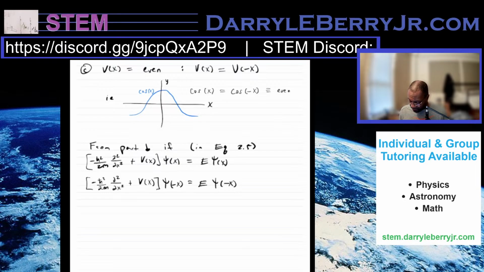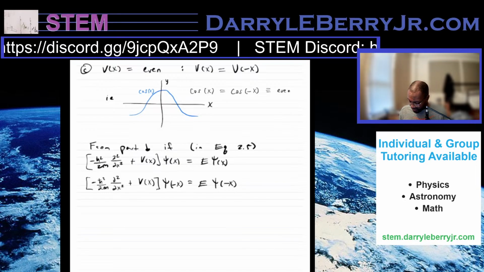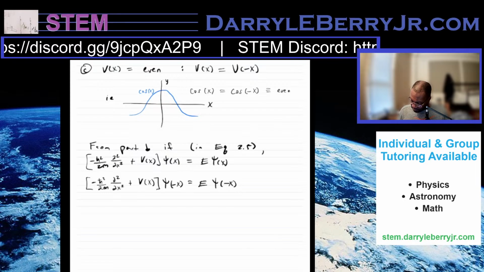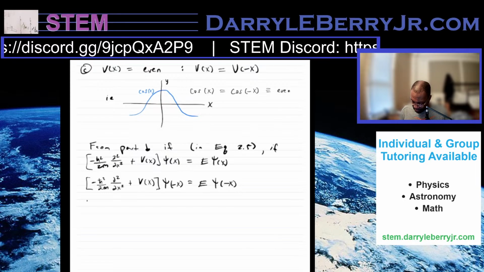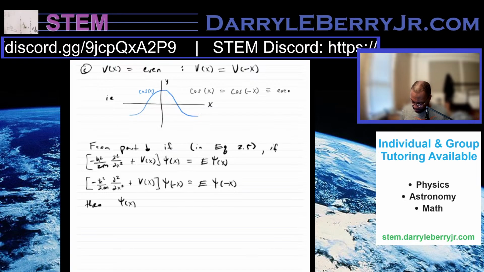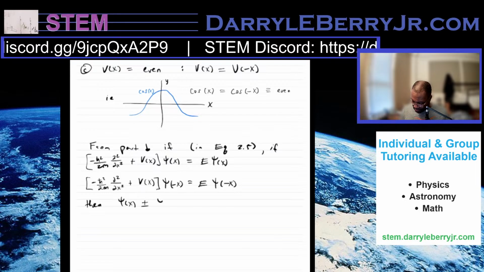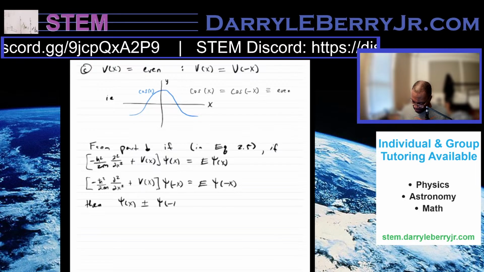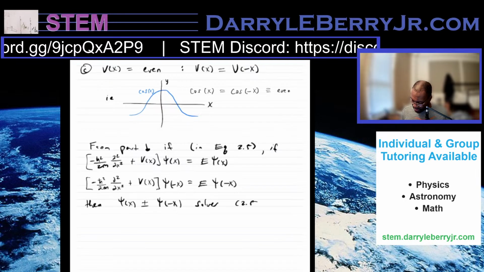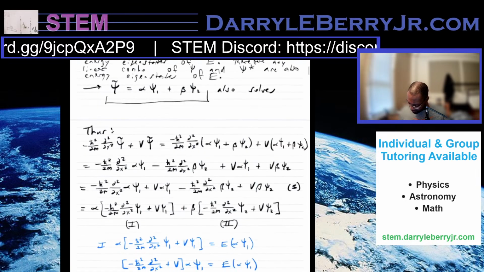They both solve with the same eigenvalue E. If that, then psi of x plus or minus psi of negative x solves 2.5. So we figured that out earlier with this proof here.